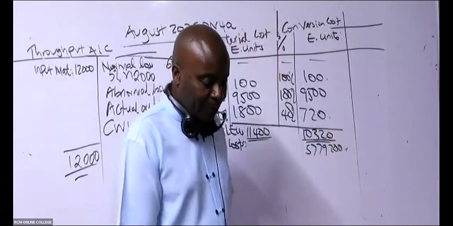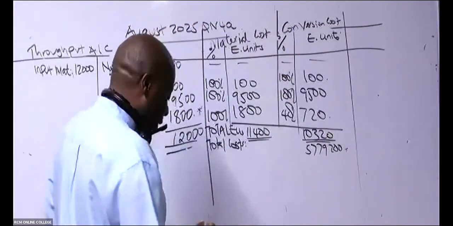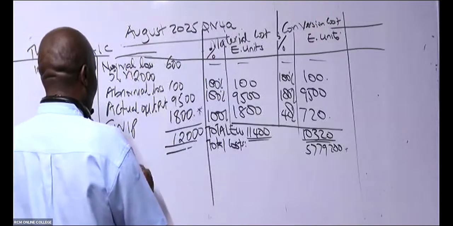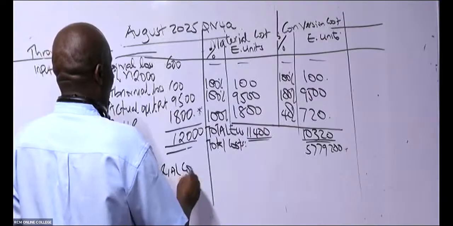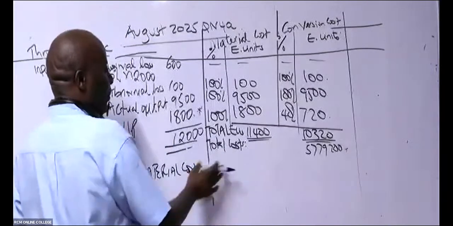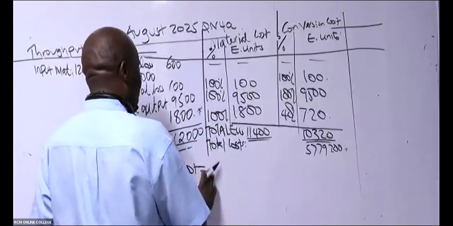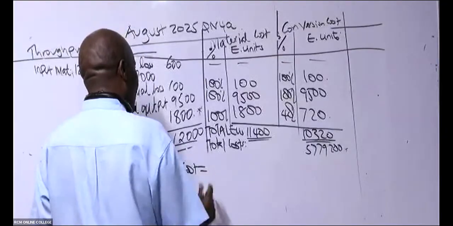So material cost, I'll just do it here. Don't write it here because I shall continue. I'm writing it because I'll be able to rub.